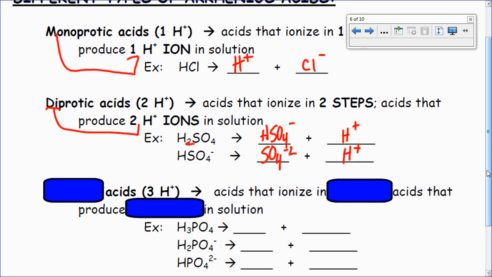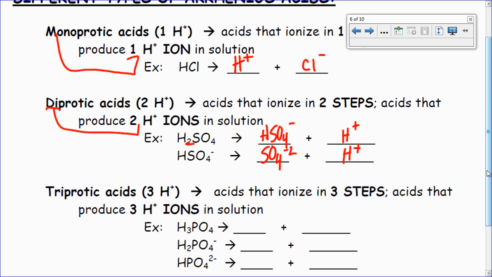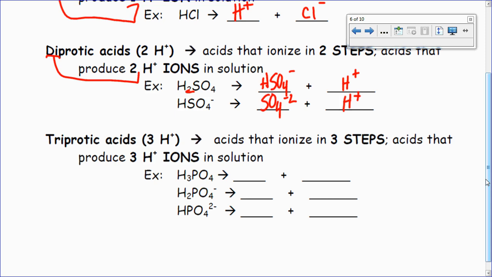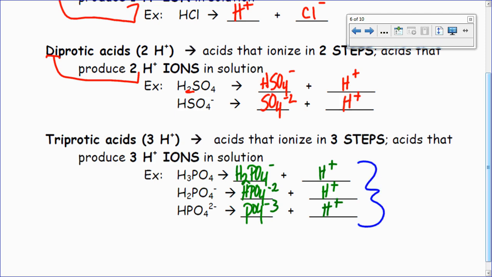Guess what the next one's going to be? Triprotic. 3 H+ ions can dissociate in 3 steps. So it goes H3PO4 to H2PO4 negative plus an H+. Then it goes to HPO4 negative 2 and another H+. And then it goes to PO4 negative 3 and a third H+. All of these are considered hydronium ions.